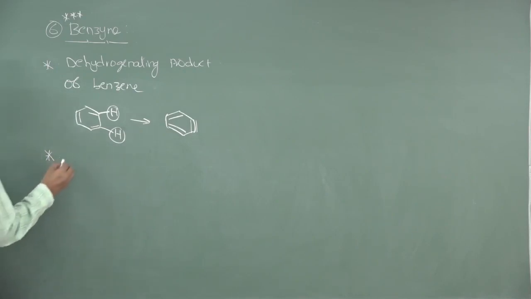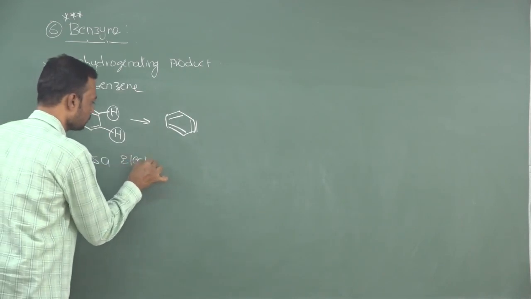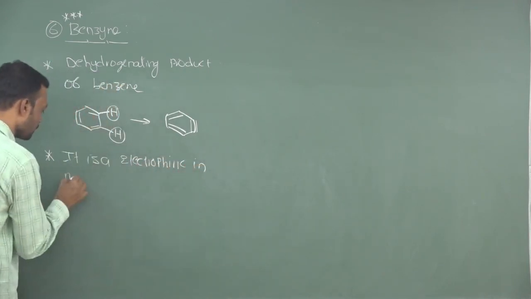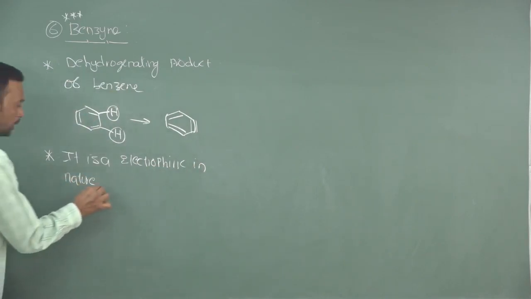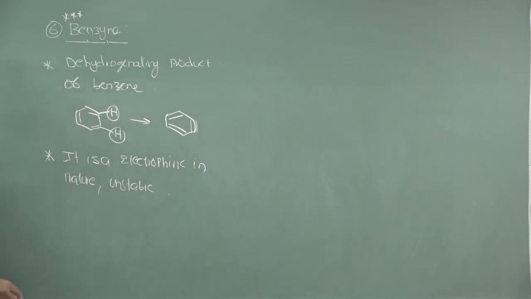Okay. Now, benzyne is electrophilic in nature. Benzyne is an electrophile. It is a neutral electrophile. Okay. So benzyne is unstable.